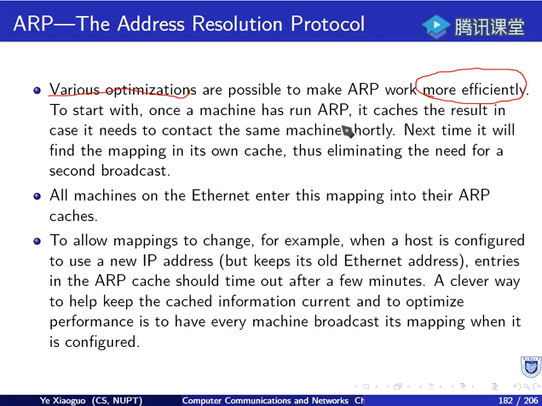In case it needs to contact the same machine shortly, next time it will find the mapping in its own cache, thus eliminating the need for a second broadcast.